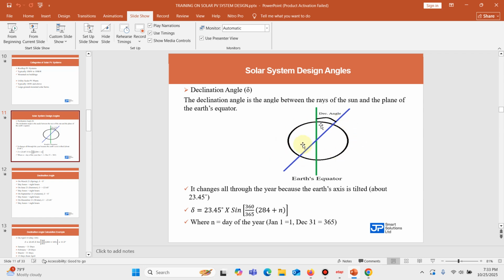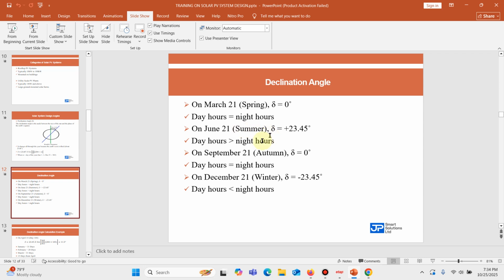Now we have this as the Earth and we have this as the equator. So with this as the Earth and this as the equator, we are going to be using this illustration for spring, summer, autumn, and winter.